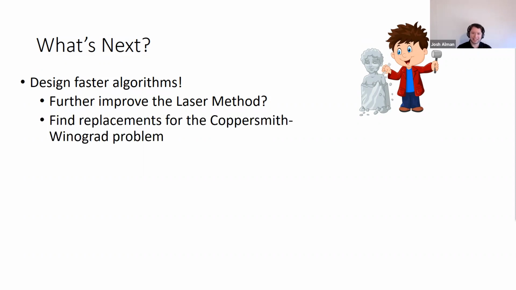It'd also be exciting to find a replacement for the Coppersmith-Winograd problem, a different problem that somehow can be turned into larger matrix multiplications. But as I mentioned, I don't think we really have great candidates for replacing either of these. So we know what to avoid, but I don't think we have a great idea yet for what we should be doing instead. And that's sort of a big problem in this area right now.